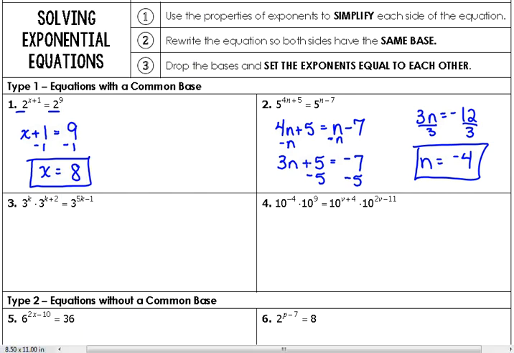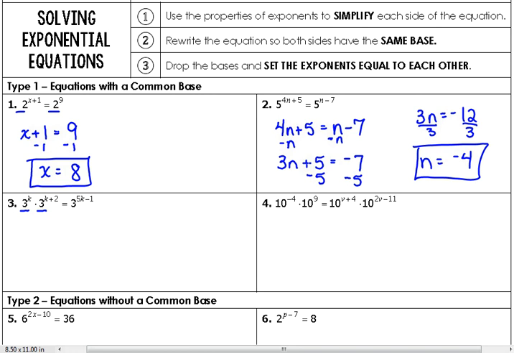Okay, number 3. We have the same base on both sides, but on the left side, we have more than one of the bases. So we need to combine these two expressions right here. When we're multiplying like bases, what do we do with the exponents?